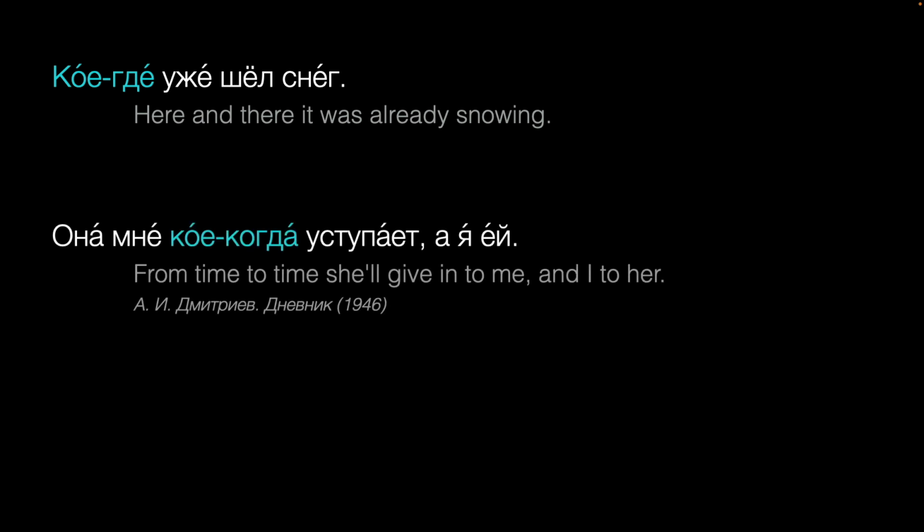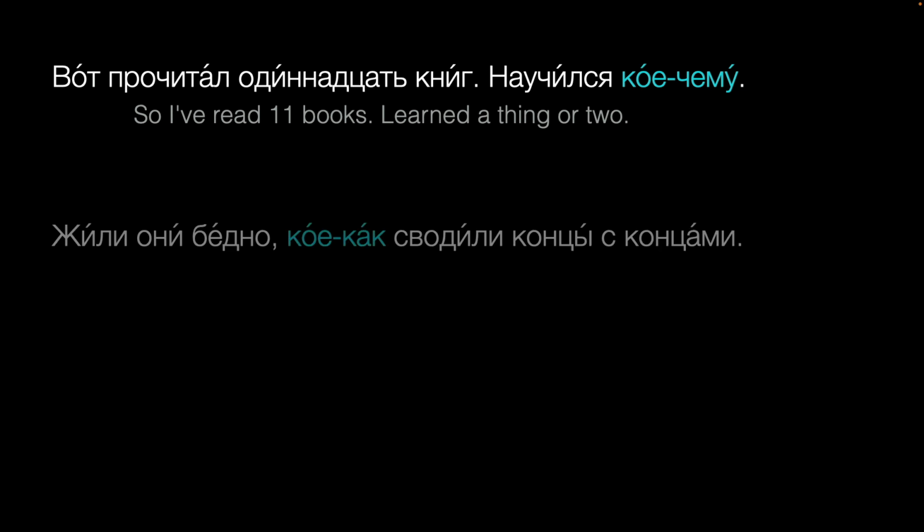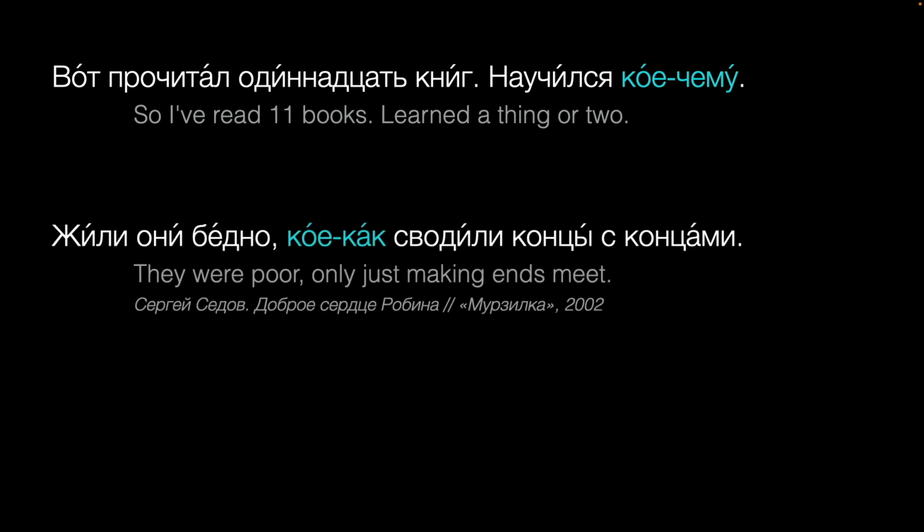Она мне кое-когда уступает, а я ей. Вот прочитал 11 книг, научился кое-чему. And it's worth noting that кое-как can have the nuance of doing something with difficulty or carelessly. Жили они бедно, кое-как сводили концы с концами.